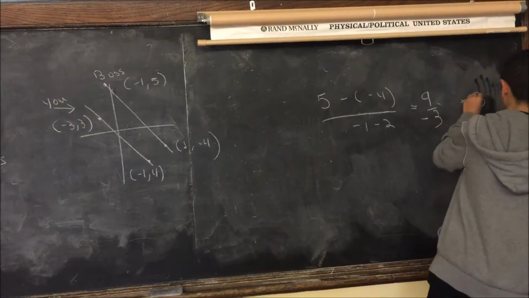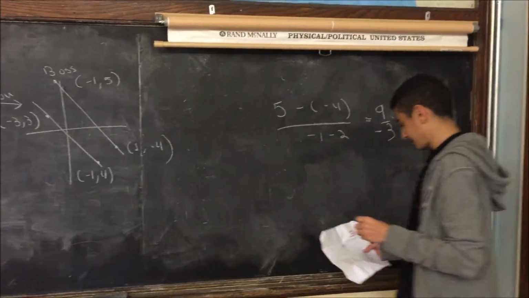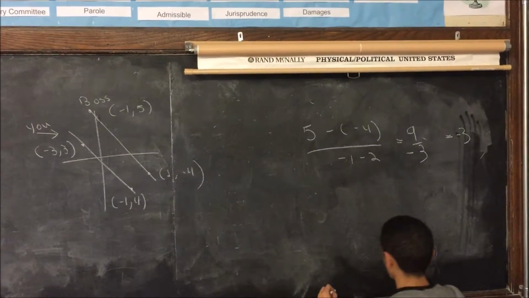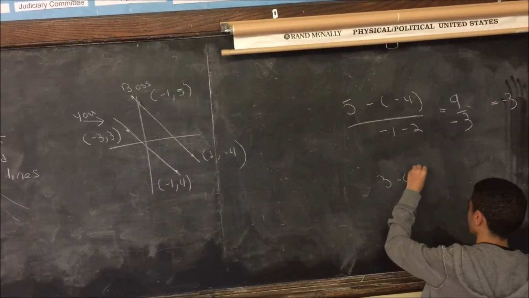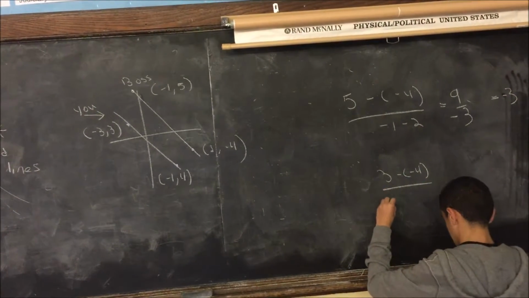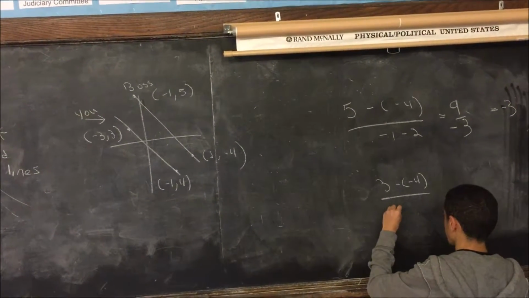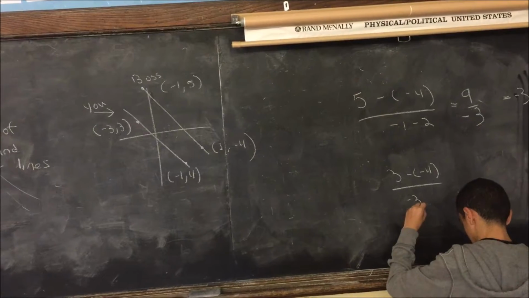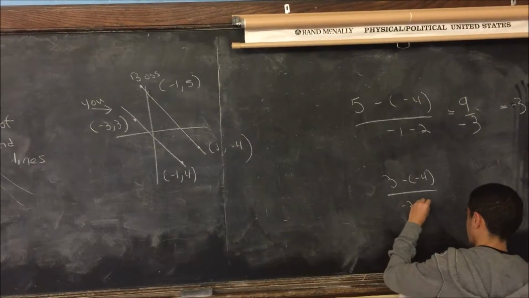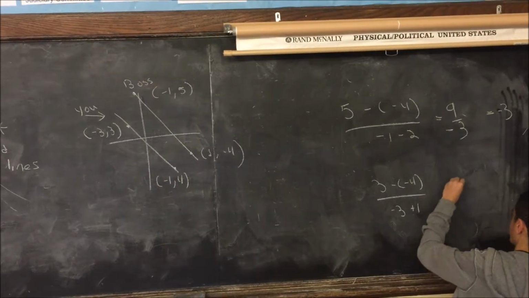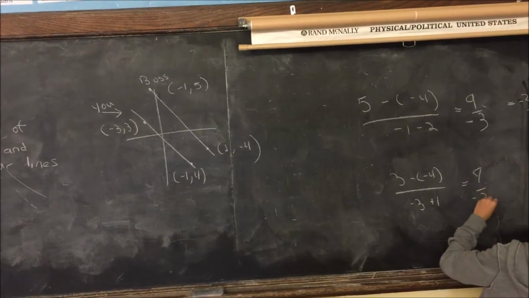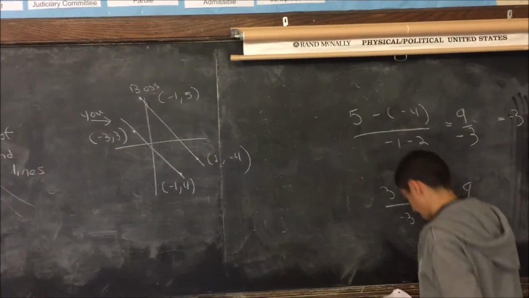Sorry, it's 9 over -3. And over here, to find the slope of the boss, 1 plus 1, and that will give you 7 over -2, which ends up being your slope.